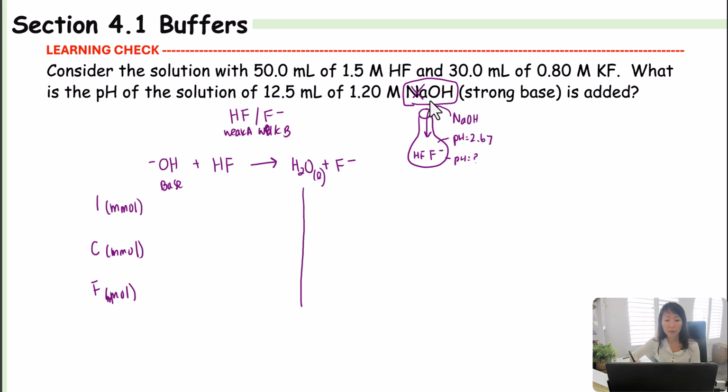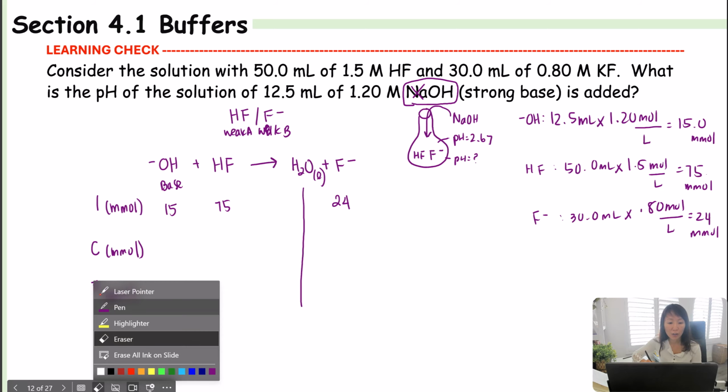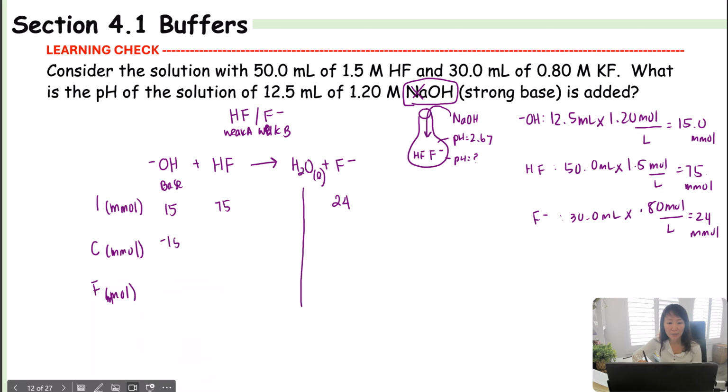Everything else, try to find the millimoles initially and come back and check. So here are all the millimoles, and we select the smallest millimoles on the reactant side, which is the 15. So we're going to subtract 15 for all of the reactants. But for the product side, you're going to add 15 because we're forming product.